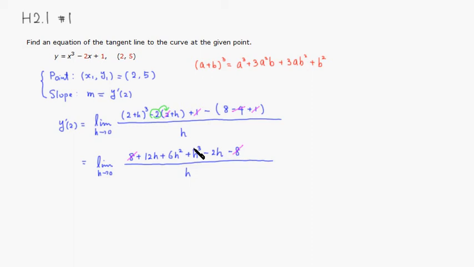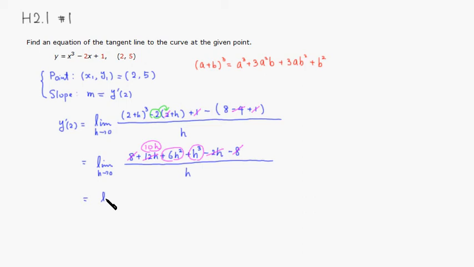You can change 12h minus 2h, so that becomes 10h. Then you can see that everything left over in the numerator has h in it, so I'm going to factor h out.